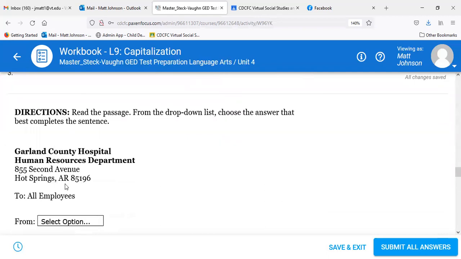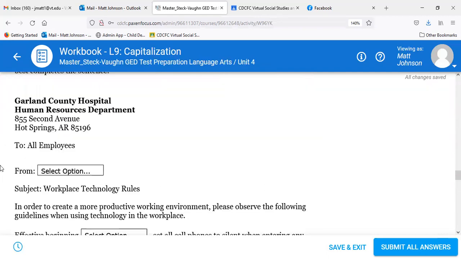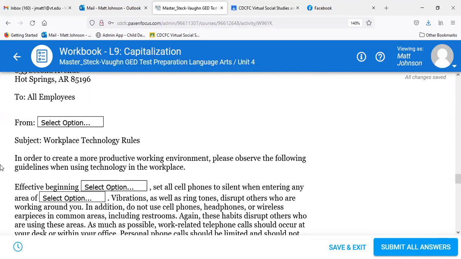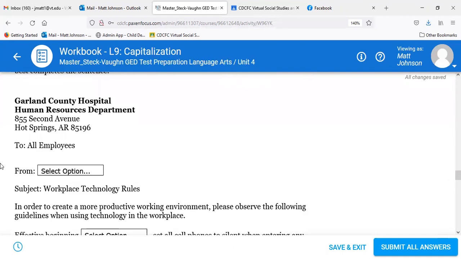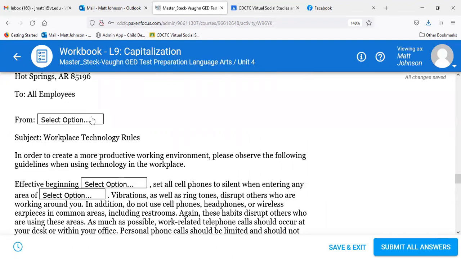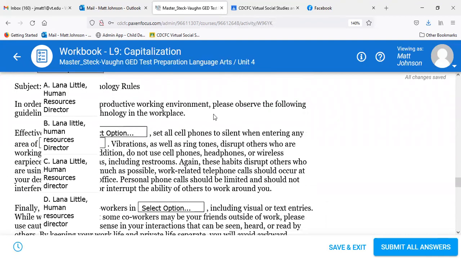Let's see, now we have a letter here to all employees, Garland County Hospital Human Resources Department. We have a woman with a title. What do you think about this? I think the answer is C. Close.